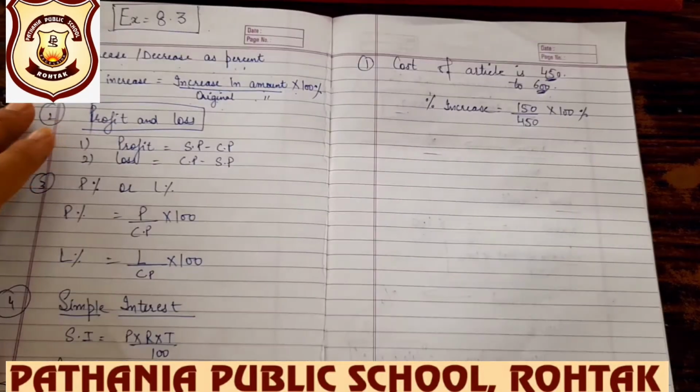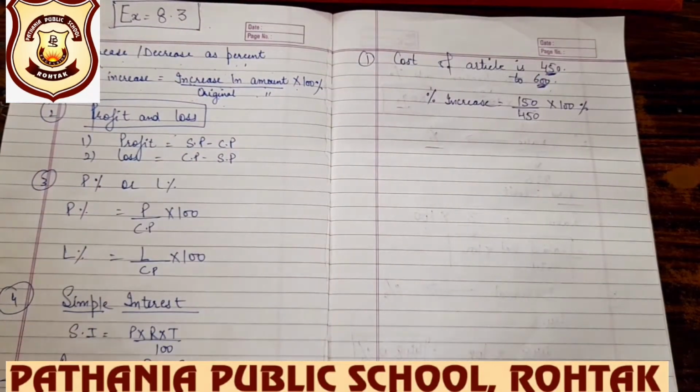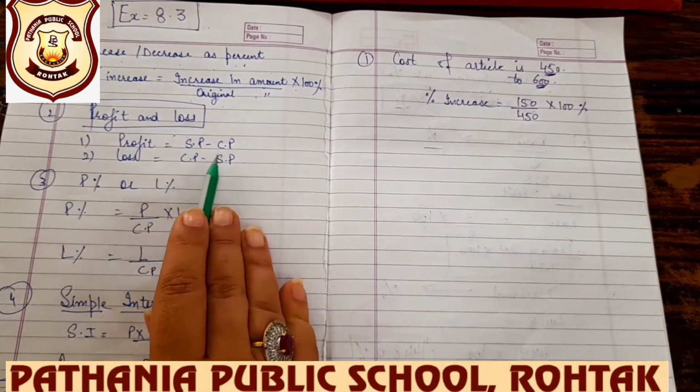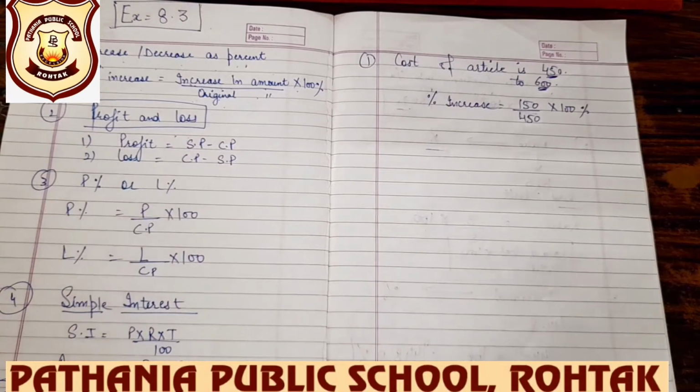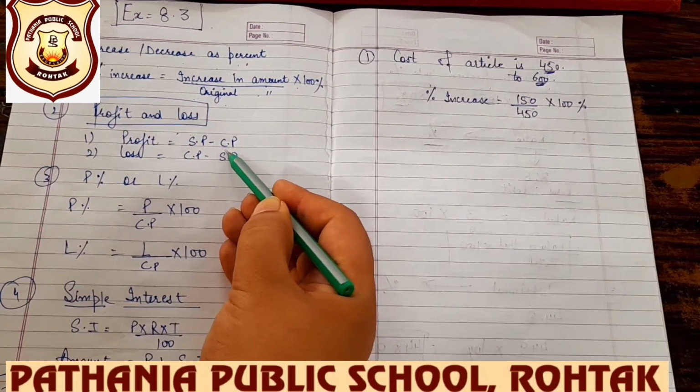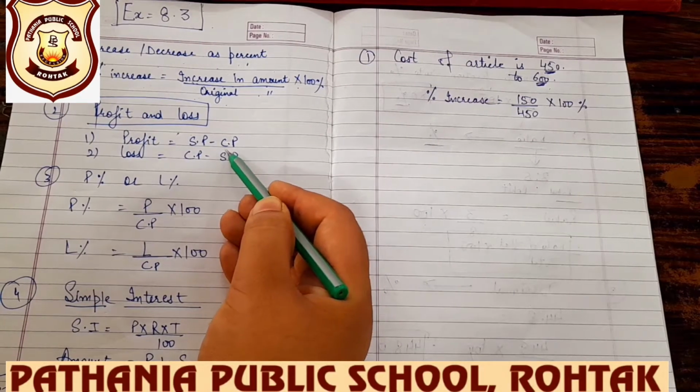Okay. Next topic is profit and loss. But before telling you profit and loss, let me tell you what is CP and SP. See, CP full form is cost price. What is the full form of CP? It's cost price.